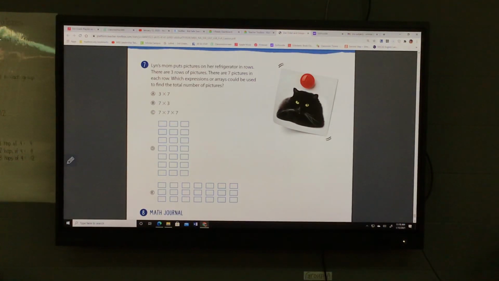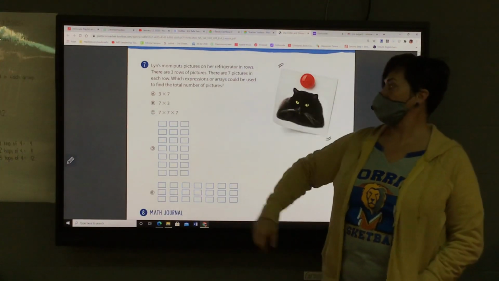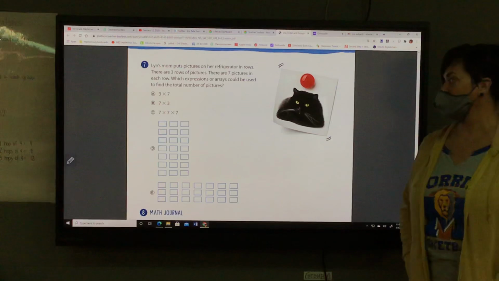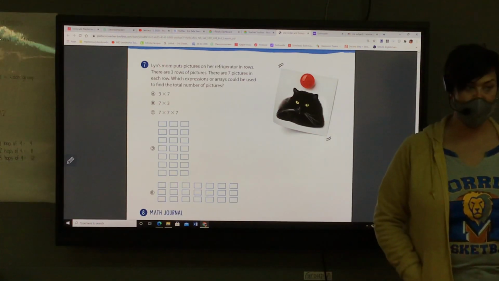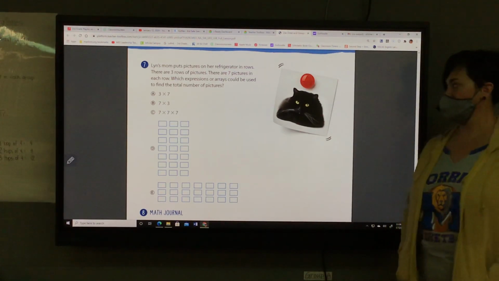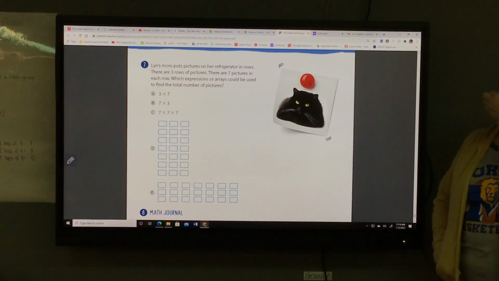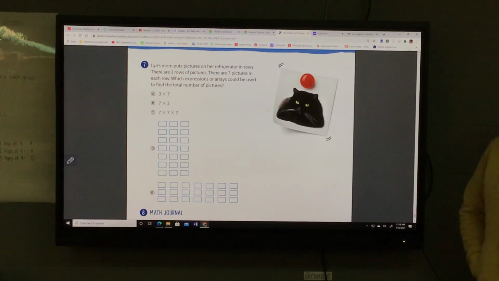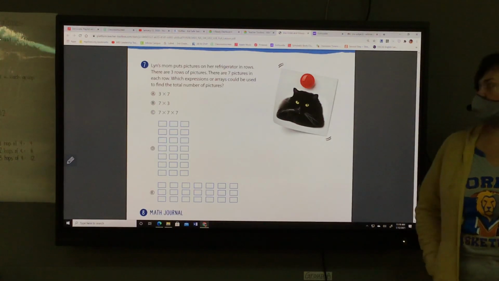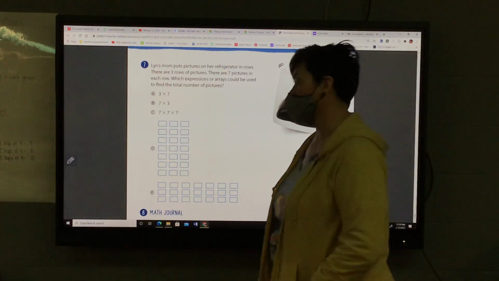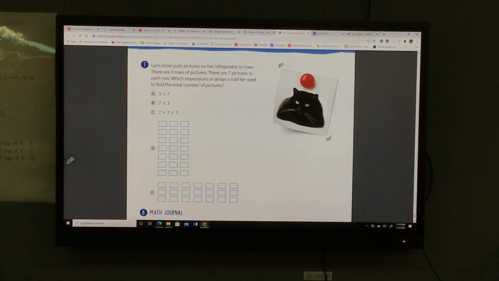All right, problem 7. Lynn's mom puts pictures on her refrigerator in rows. There are 3 rows of pictures. There are 7 pictures in each row. Which expressions or arrays could be used to find the total number of pictures?